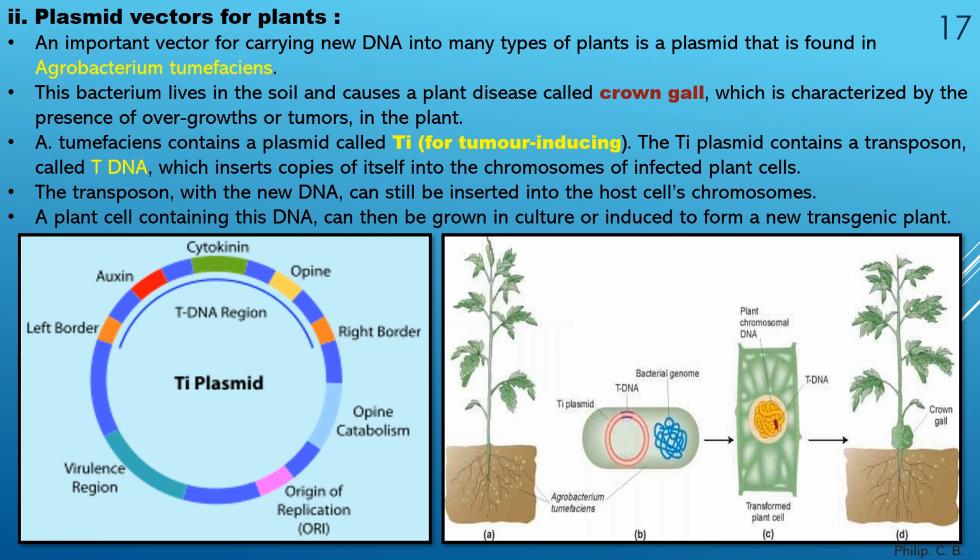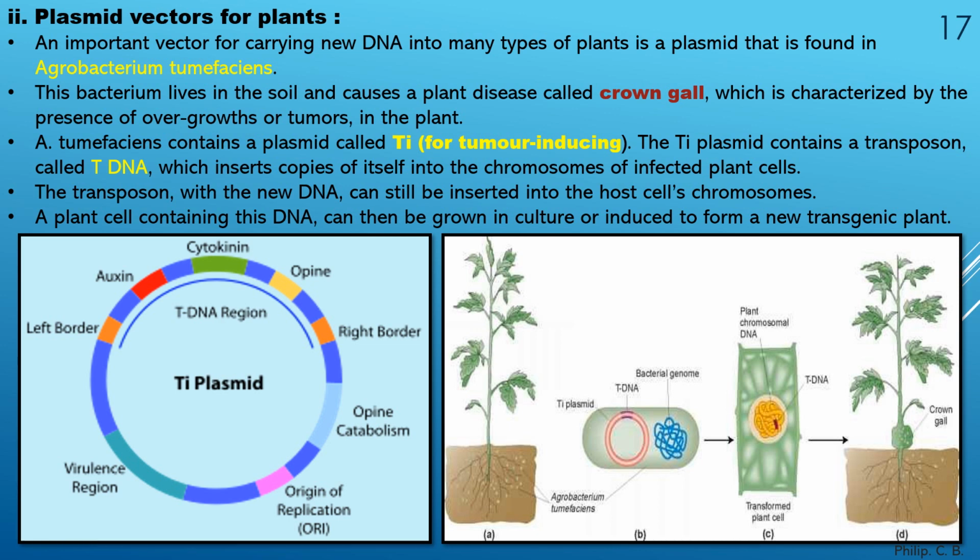The Ti plasmid contains a transposon called T-DNA, which inserts copies of itself into the chromosome of the infected plant cell. The transposon with the new DNA can still be inserted into the host cell's chromosome. A plant cell containing this DNA can be grown in culture or induced to form a new transgenic plant.